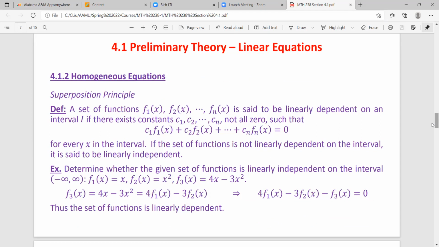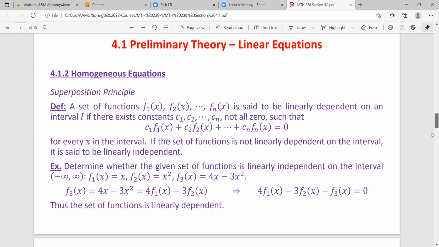Otherwise, they are linearly independent. That means you cannot find any combination of constants so that the linear combination of the functions equals 0.